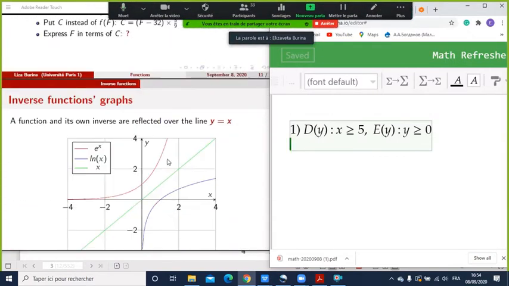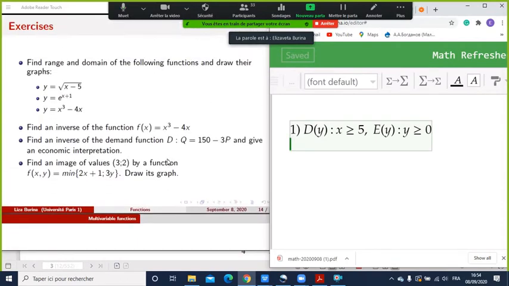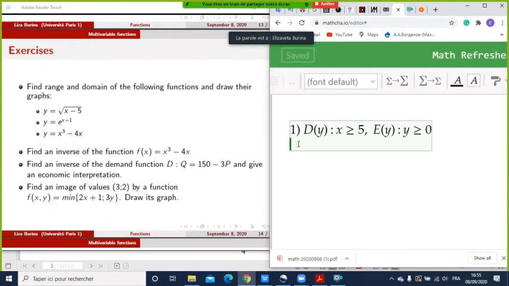If you have within your function minus some constant or plus constant, it will move left or right. In case you have minus constant, your graph will stay the same shape, it will just move to the right.